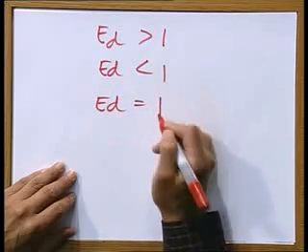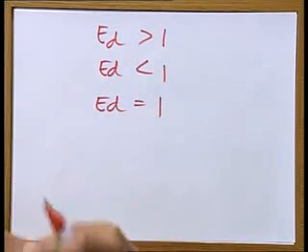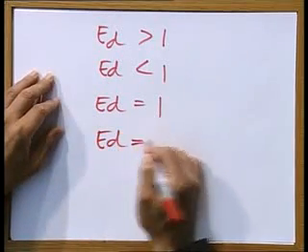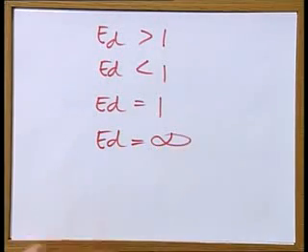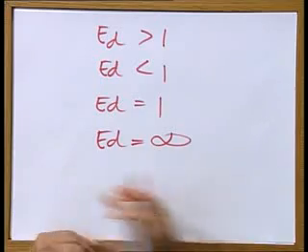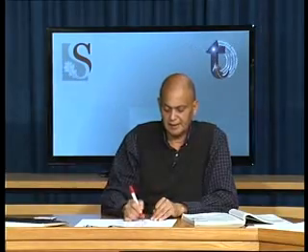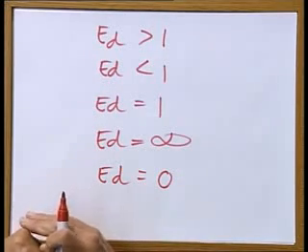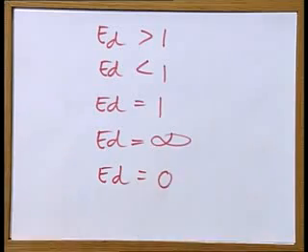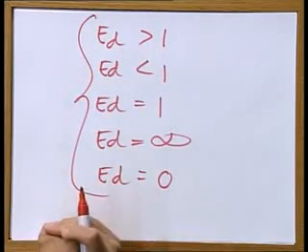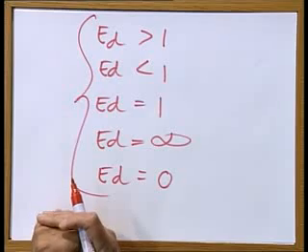ED can be equal to 1, then we talk about unit elastic or unitary elastic demand. ED can be equal to infinity, where you cannot measure the change in the quantity demanded because of a slight change in the price. And ED can also be equal to 0, where even if there's a change in the price, it will not change the quantity demanded. So please note the 5 categories, or 5 types, of elasticity.